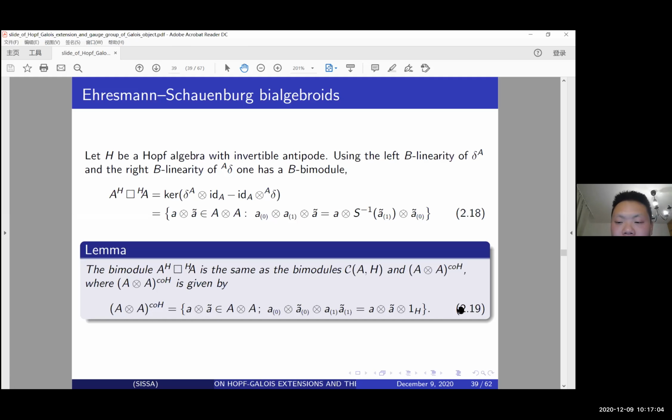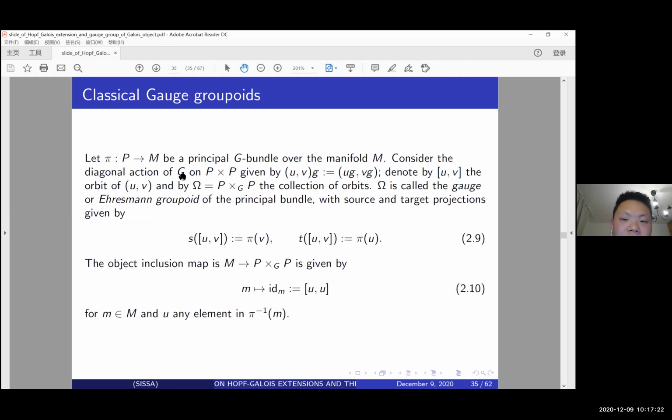As an algebra point under condition 2.19, where this 2.19 is nothing but a co-invariant subalgebra under the diagonal coaction, because this is a definition. And you can see that this 2.19 is just due to the definition of the classical Ehresmann group point, since here the omega is just a collection of the orbits, where the orbit is just an equivalence class under the diagonal action.